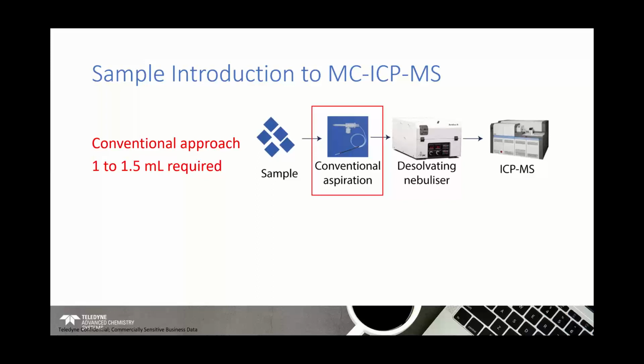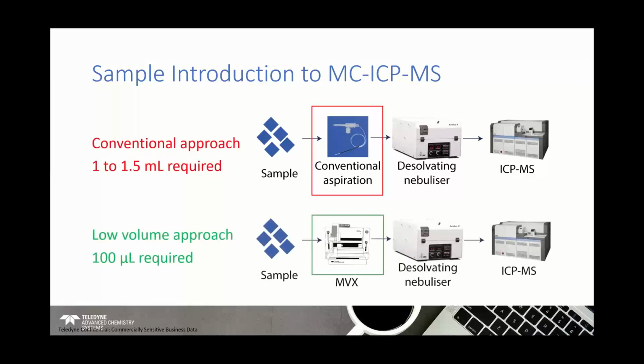Now with the MVX, we don't have to reconstitute the residue into such a high volume. Instead, we can use something a lot lower, something like 100 microliters, and then put it through a similar process. We introduce via the MVX, but at a flow rate we decide, through the desolvating nebulizer, again to remove the matrix and the water, bring down the oxides, and then introduce into your ICPMS.